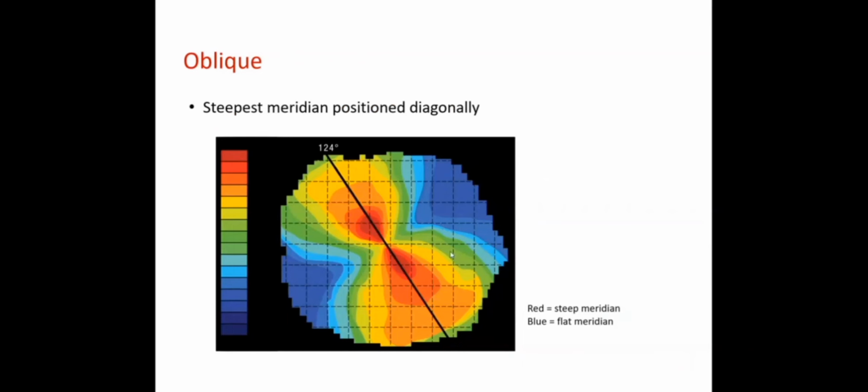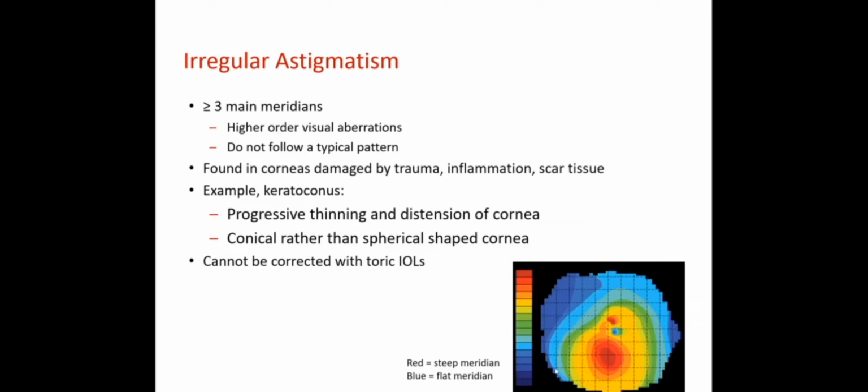Now the other type of astigmatism is irregular astigmatism. When it appears on topography, it doesn't look like a bow tie shape. It looks more like a little island. This is just one example of irregular astigmatism.